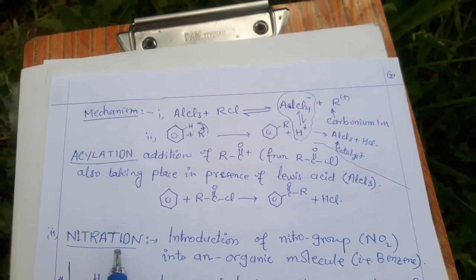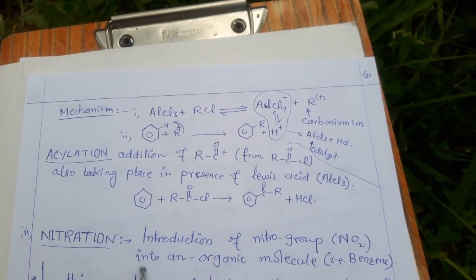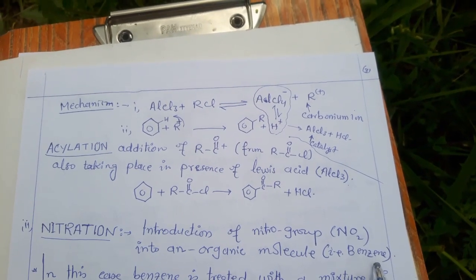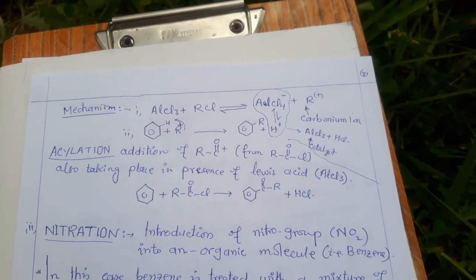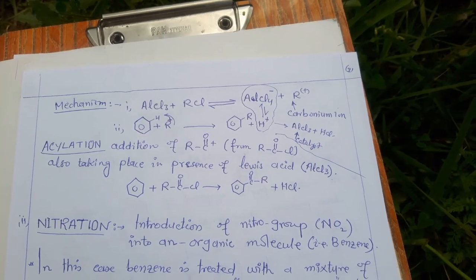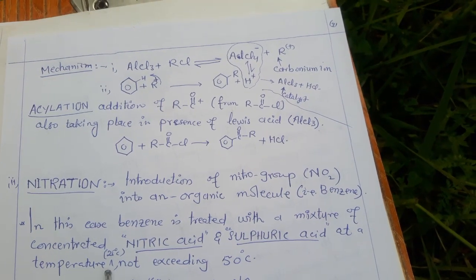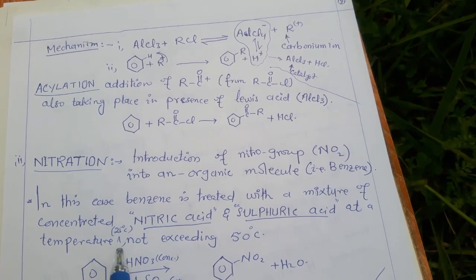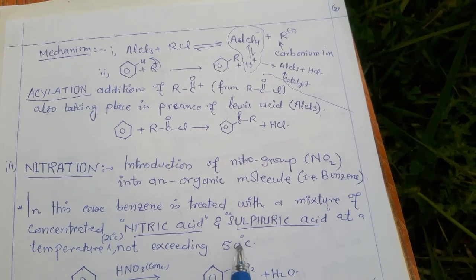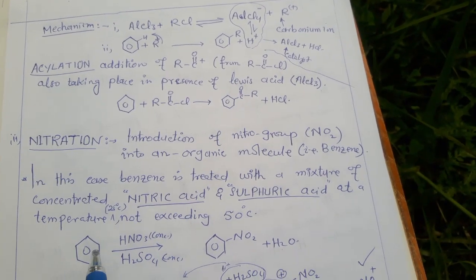This is an example of a catalytic reaction. Nitration is the introduction of a nitro group into an organic molecule. Particularly in this example, we are taking benzene. Benzene is treated with a mixture of concentrated nitric acid and sulfuric acid at ambient or room temperature, because the temperature shouldn't exceed 50 degrees Celsius, otherwise we have a very uncontrolled reaction.